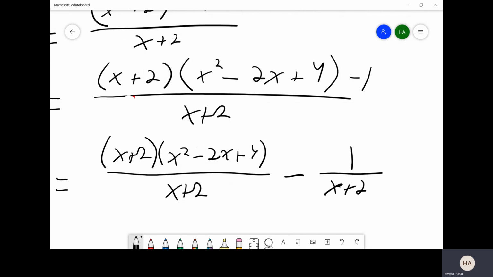Again, all I did was separate them into two different fractions, right? Everything that was factored, I kept together, and everything that wasn't factored, so the minus 1 piece over here, I threw in the other fraction, so minus 1 over x plus 2. And we just keep the denominators the same.